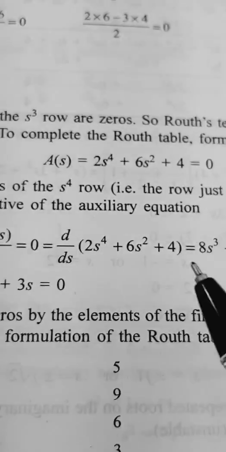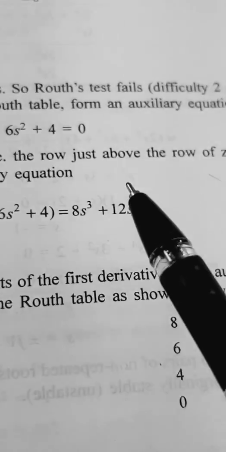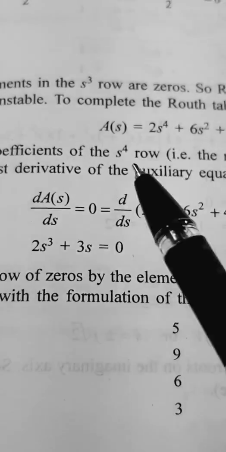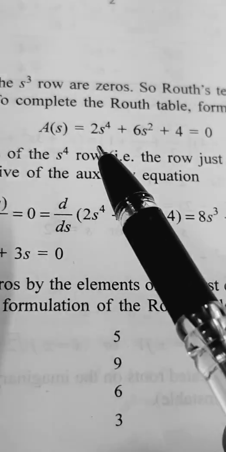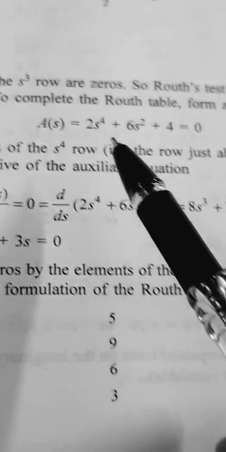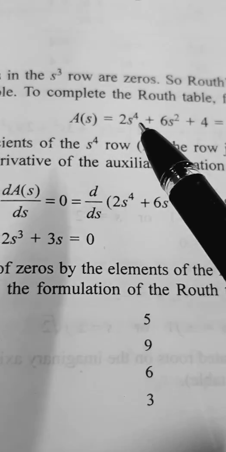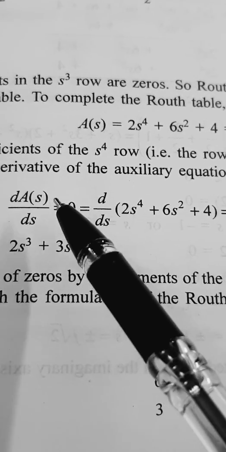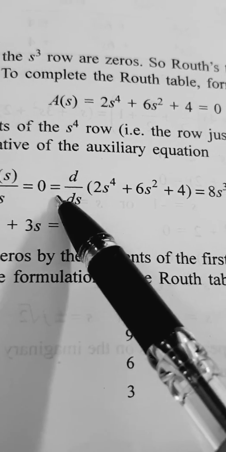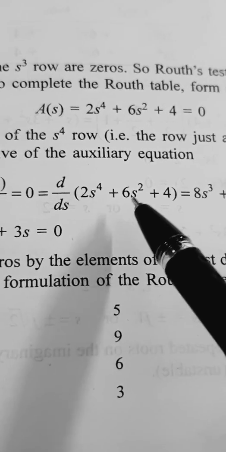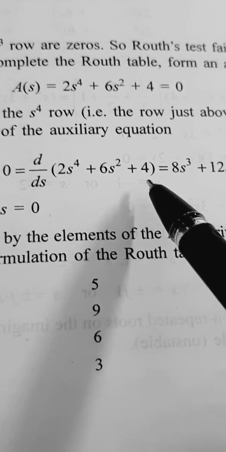Now, using the coefficients of the row just above the row of 0s, you got the auxiliary equation. Now, you have to find the derivative of the auxiliary equation. When you are deriving it, you will get dA(s) by ds, that is equal to d by ds of 2s raised to 4, 6s raised to 2 and 4.